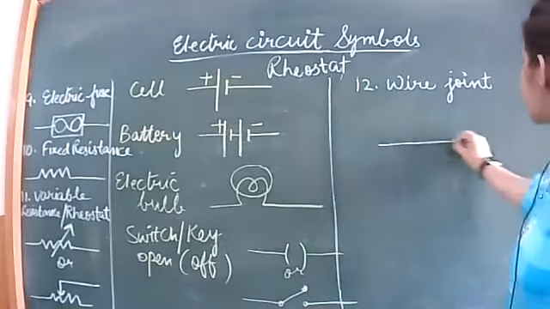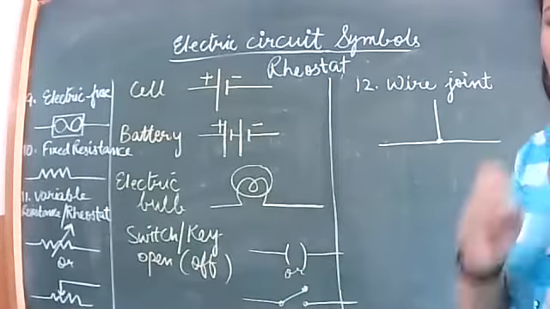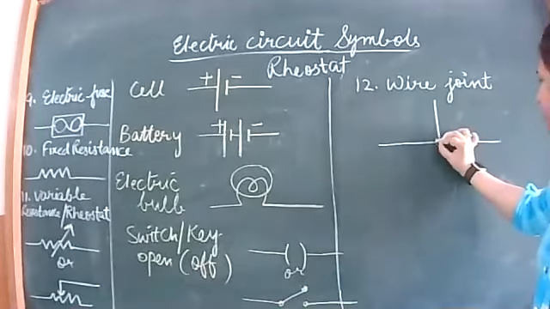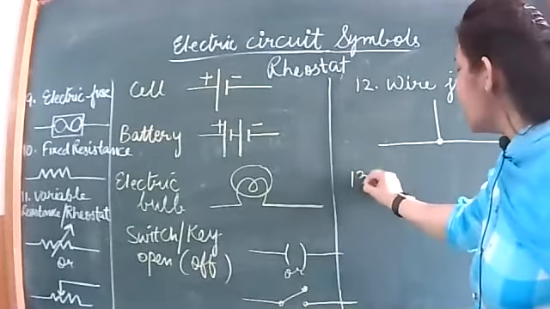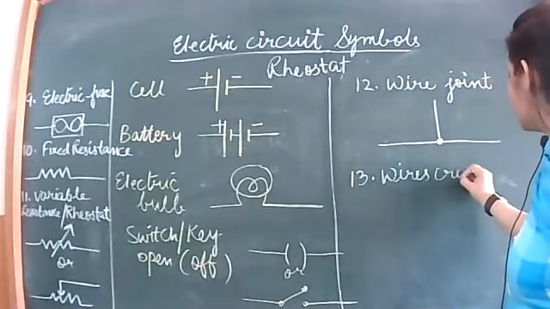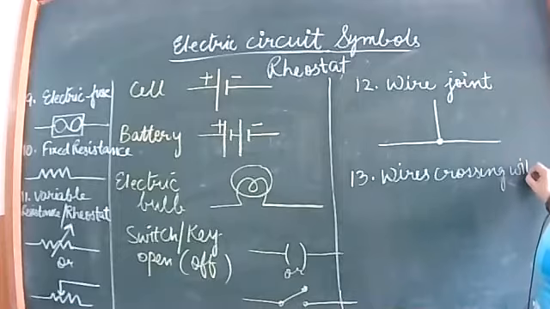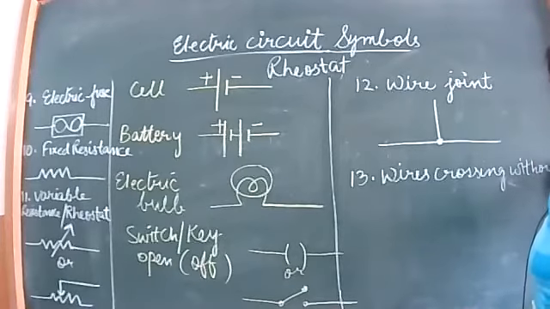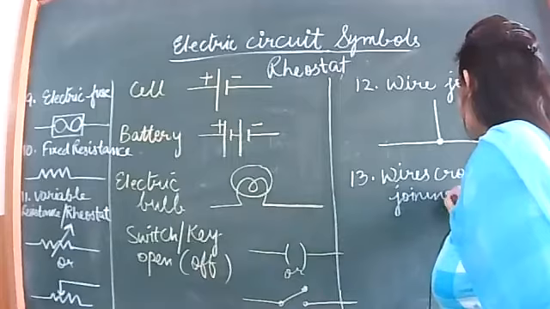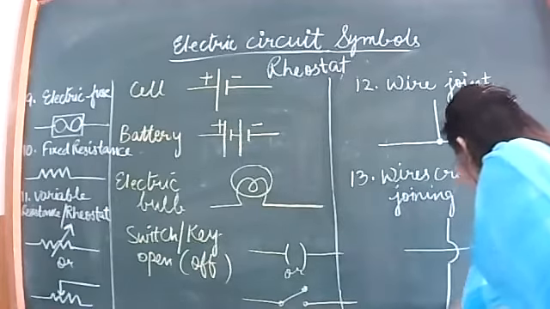If two wires are being joined at a place, we put a dot here. This means there is a wire joint here. Okay, wire joint. But if wires are crossing without joining, then we draw a kink here.